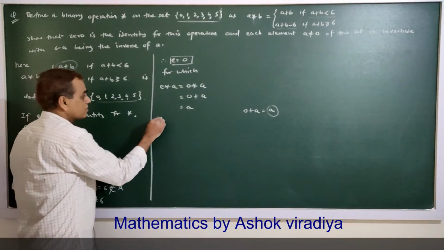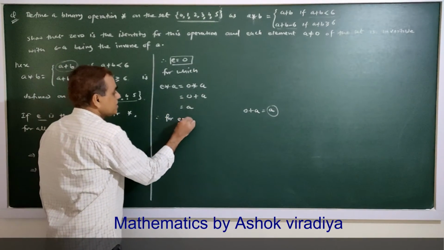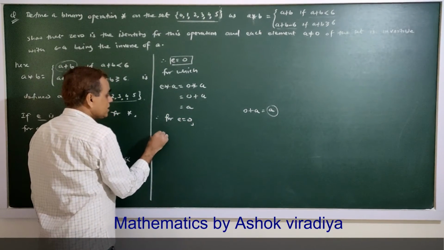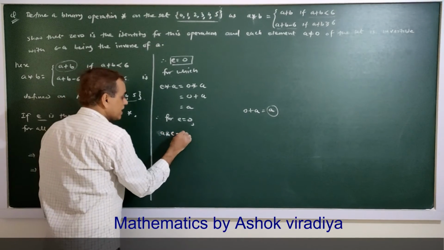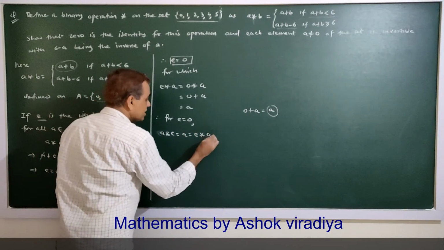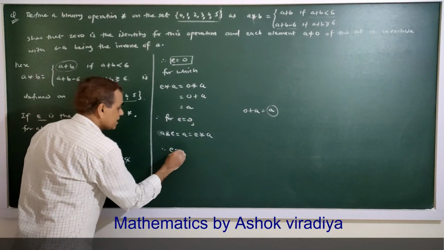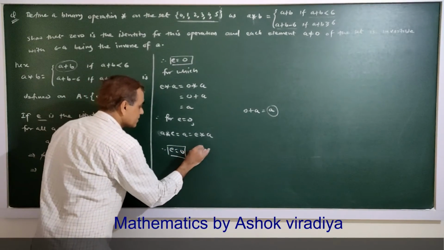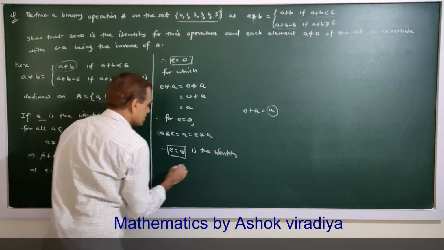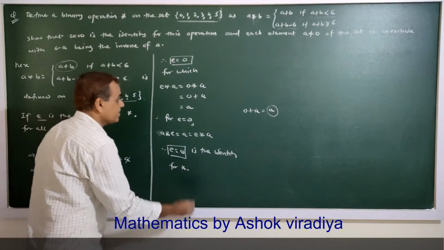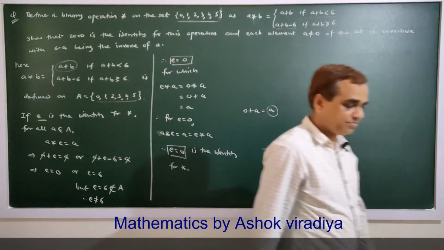So therefore, for E equal to 0, A star E equals A equals E star A. So this is the identity for binary operation star.